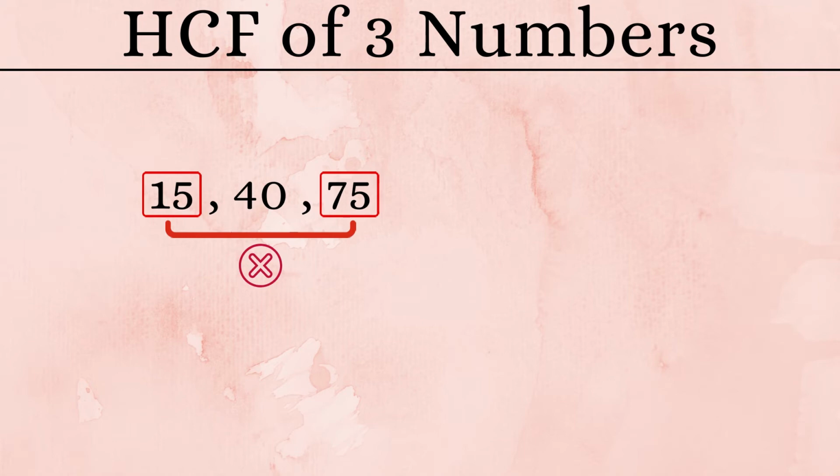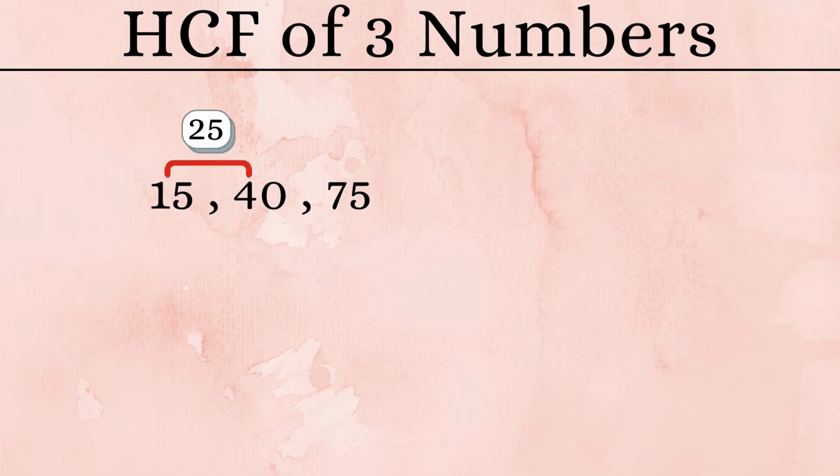Coming to our question. The difference between 40 and 15 is 25. And the difference between 75 and 40 is 35. Now comparing 15, 25 and 35, we can start considering 15.